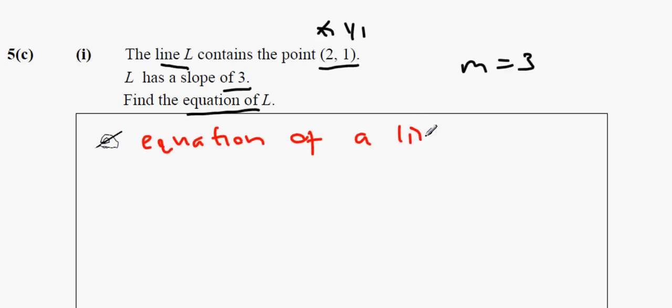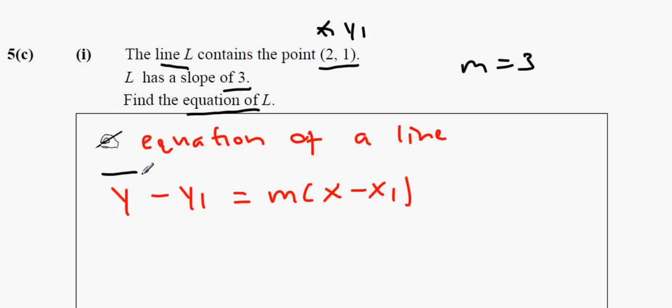And the formula for the equation of the line is y minus y1 equals m into x minus x1. Now, as discussed before, the y and the x are going to be protected.